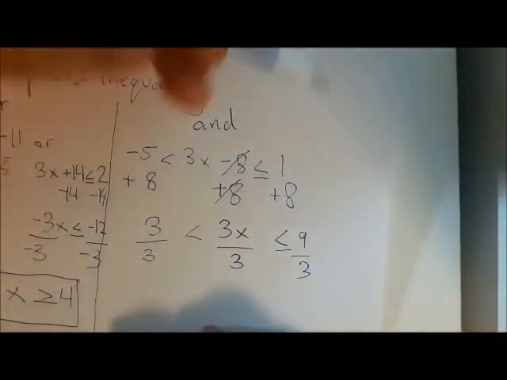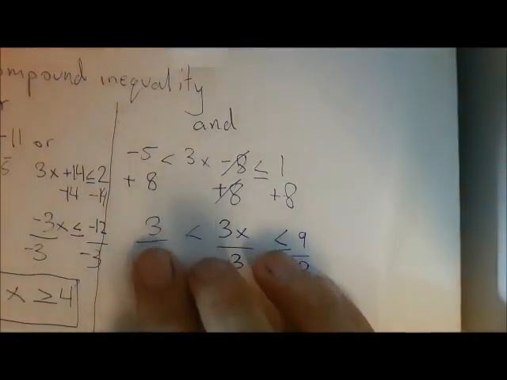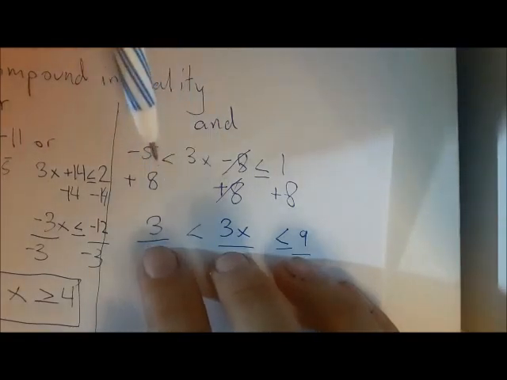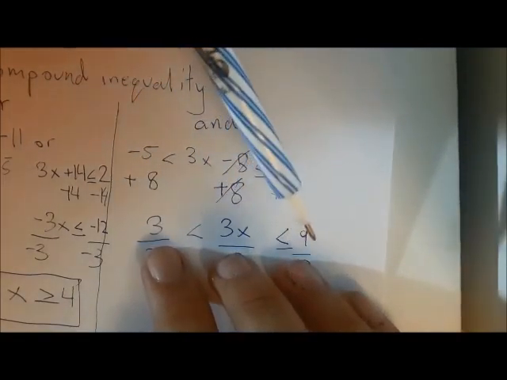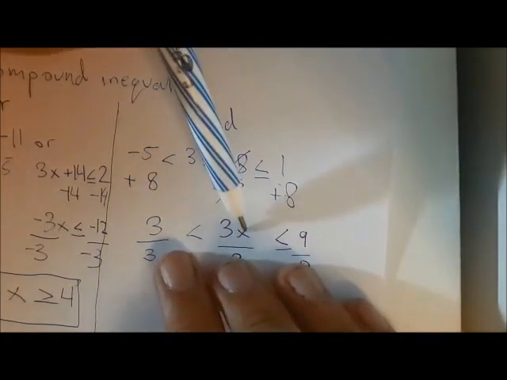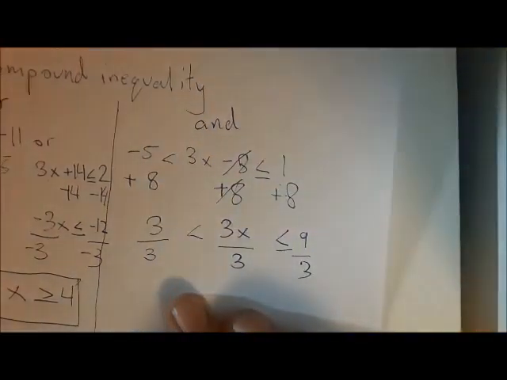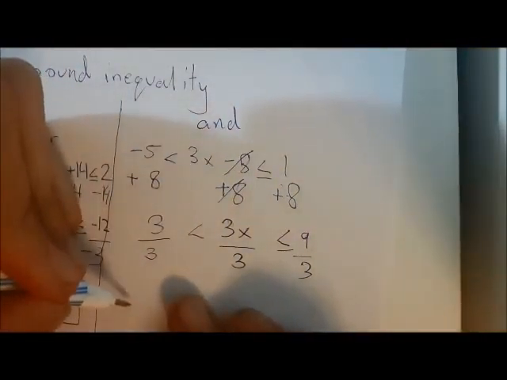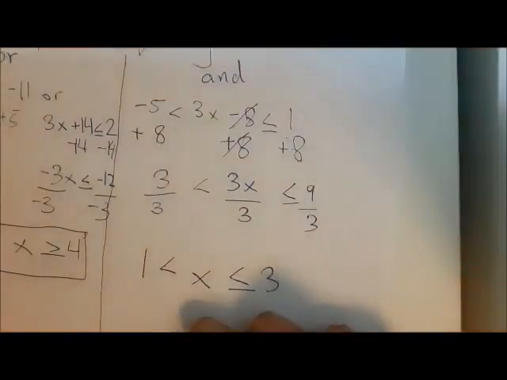I've done it two steps ahead. 3 is greater than 3x is greater than or equal to 9. Adding this and this, and then to get x, we have to divide by 3. So divide all of this by 3, and then we would get 1 is greater than x is greater than or equal to 3.